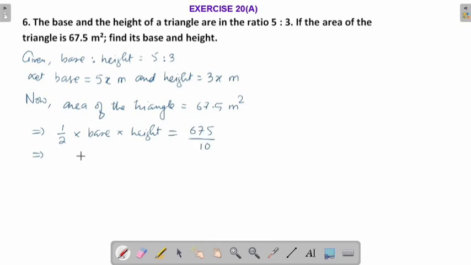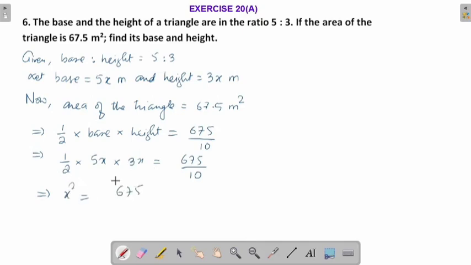See here carefully, we have half into base. Base is 5x, height is given to be 3x. So this equals 675 upon 10. We'll keep only the variables here, so x into x is x square. We'll take all the numbers to the right hand side.